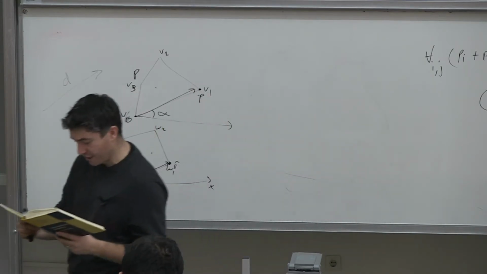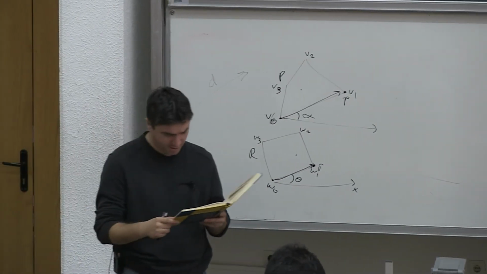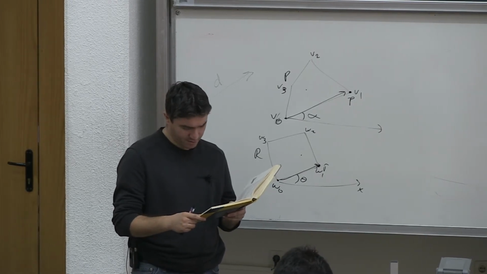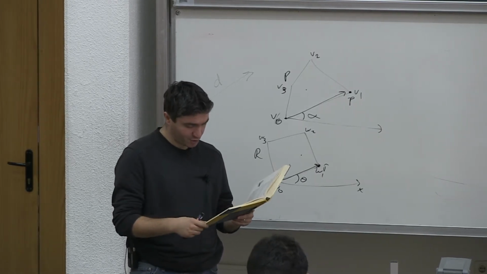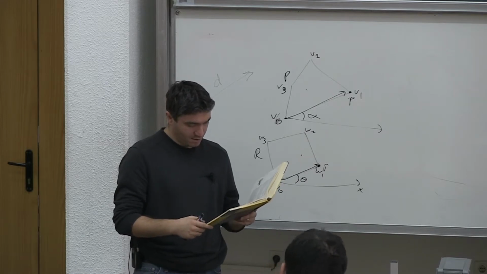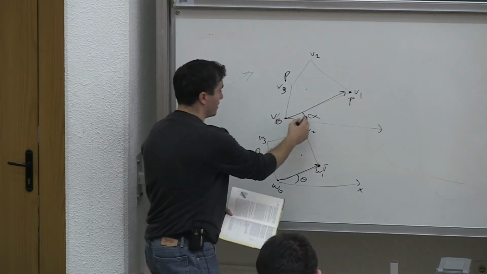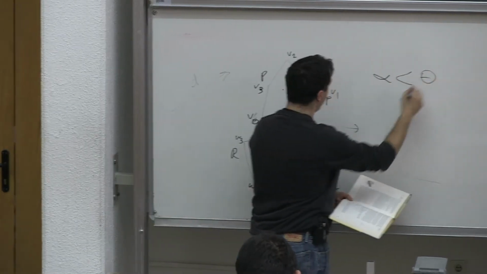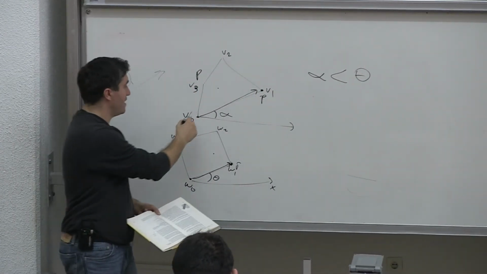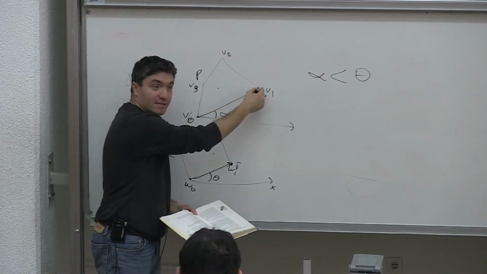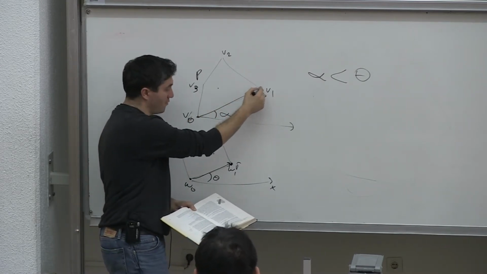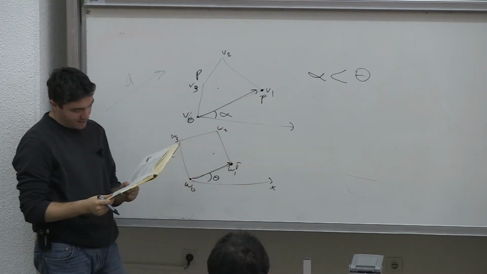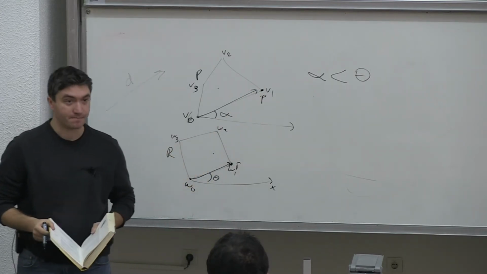Actually, we take the smaller one here; what I said first was true. If alpha is smaller than theta, we move to the next vertex here, V1, and we add V1 and W0 to our Minkowski sum.